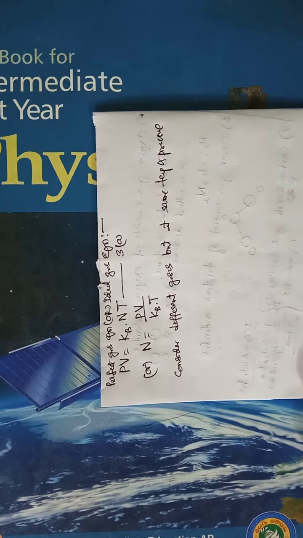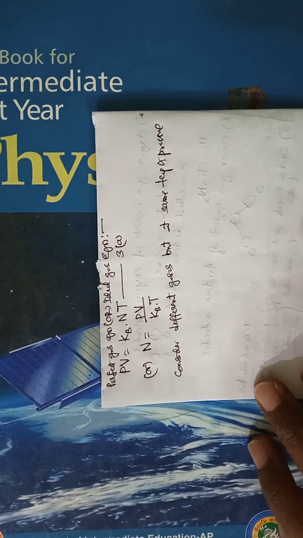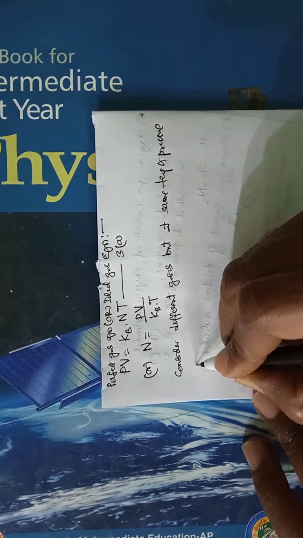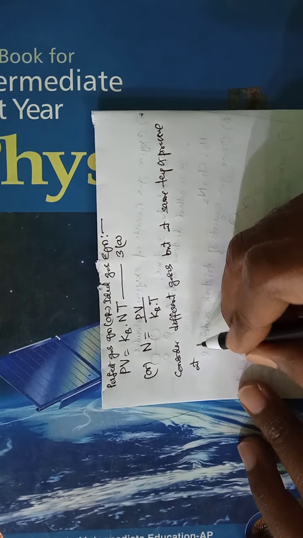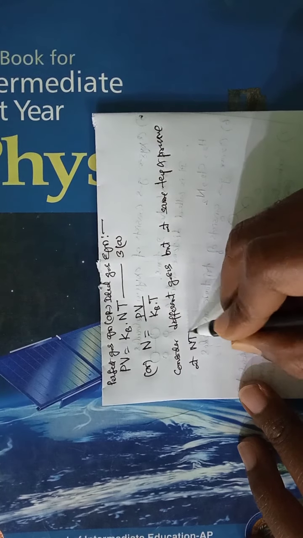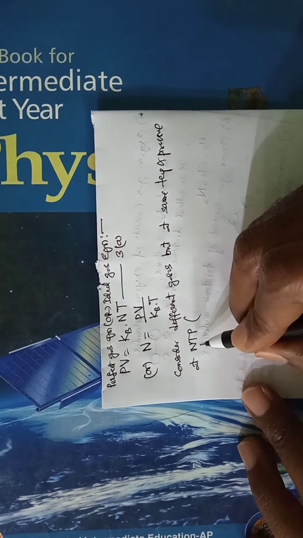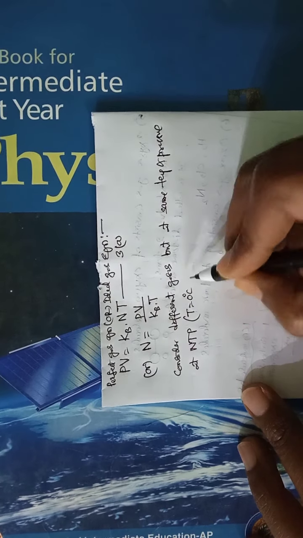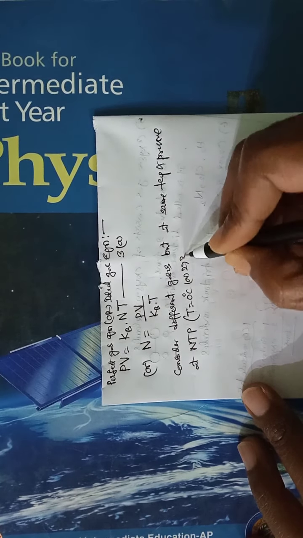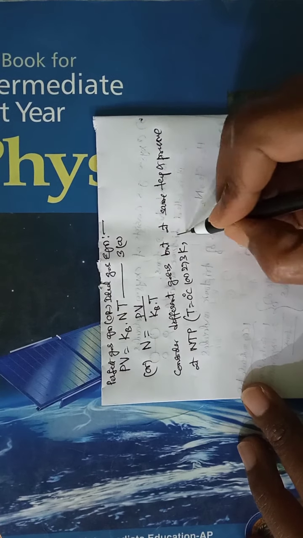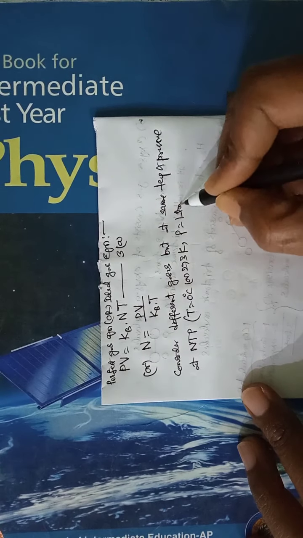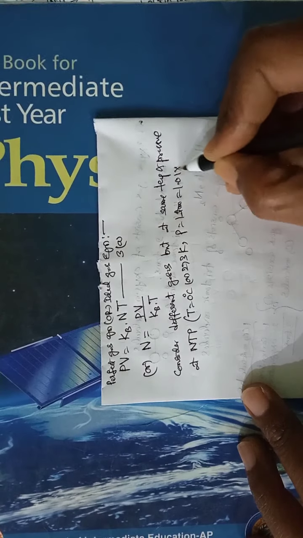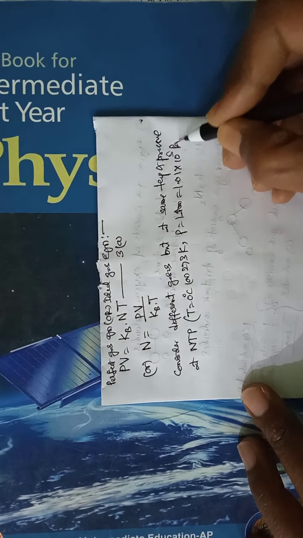Now consider different gases but at the same temperature and pressure. For example, let us consider different gases at NTP. NTP means what? Normal temperature and pressure. Normal temperature is 0 degree centigrade or 273 Kelvin, and normal pressure is 1 atmosphere or 1.01 into 10 to the power of 5 pascals.